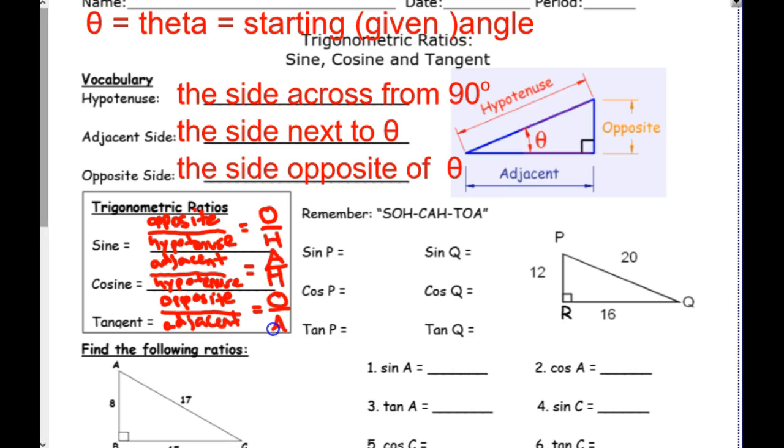Sine, cosine, tangent. So all trig is a ratio. It's a fraction. You take those side lengths and you make them into a fraction, boom.